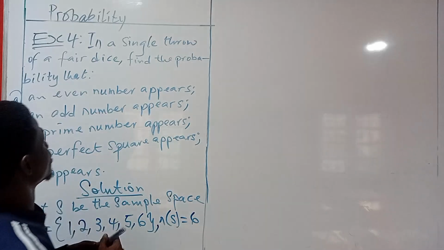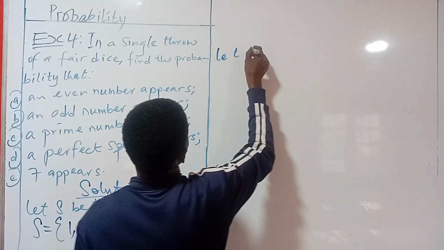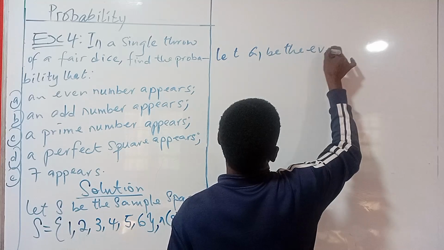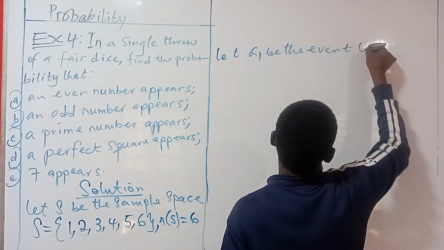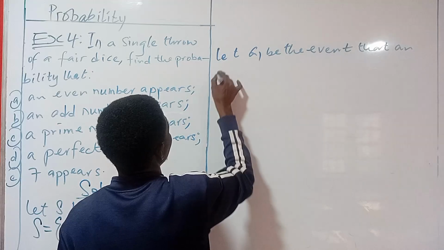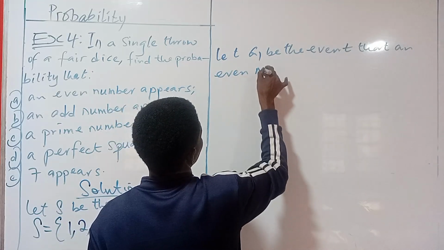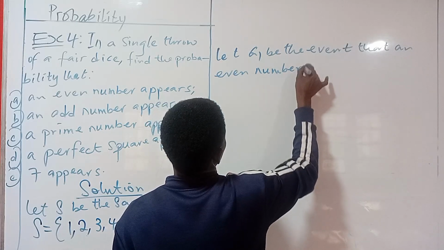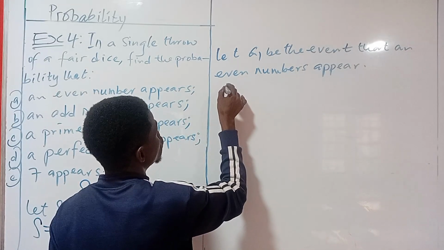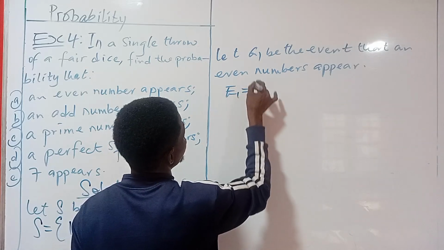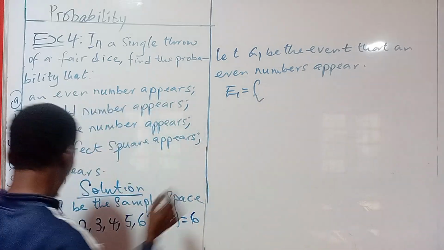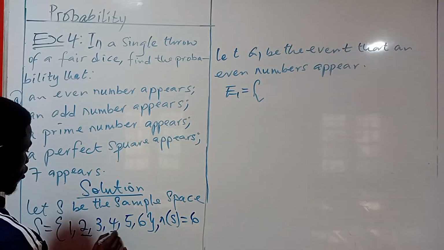An even number appears. Now, let E1 be the event that an even number appears. So E1, which is even number appears, is 2, 4, 6.